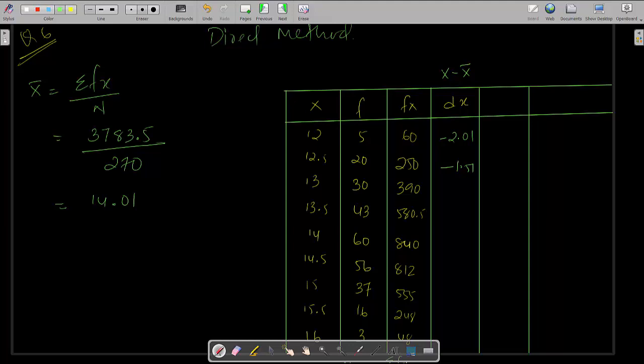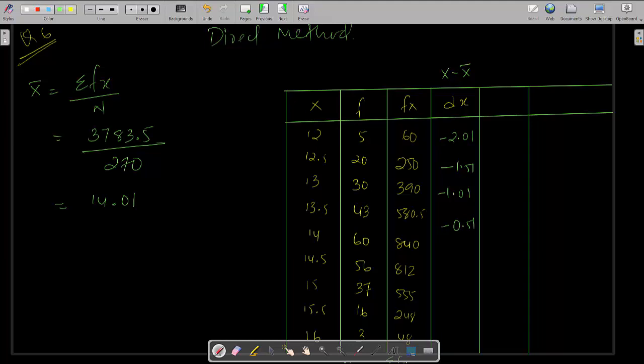I'm subtracting, use this formula, x minus mean. This is x, this is the mean value. So I'm subtracting the mean from all these numbers. 13 minus 14.01 is minus 1.01. Next, minus 0.51.